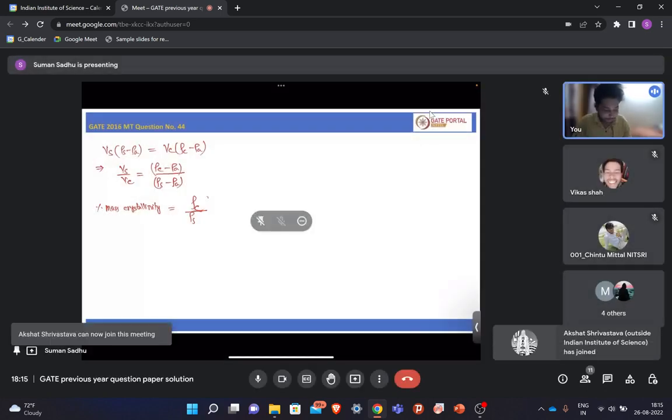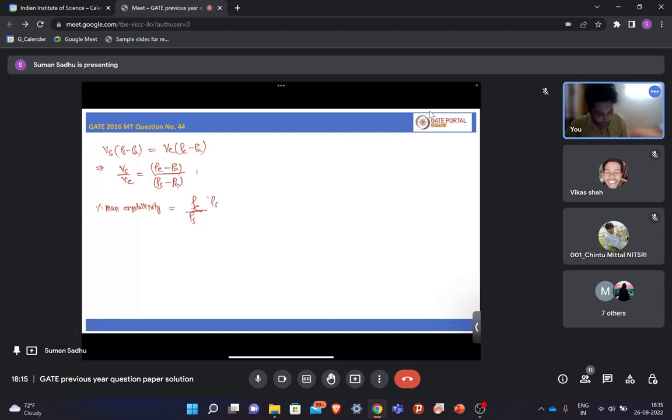The ratio is VC by VS. So VC by VS is opposite to this ratio. That is VC by VS is rho S minus rho A divided by rho C minus rho A. So this is the formula for the percentage of the mass crystallinity.